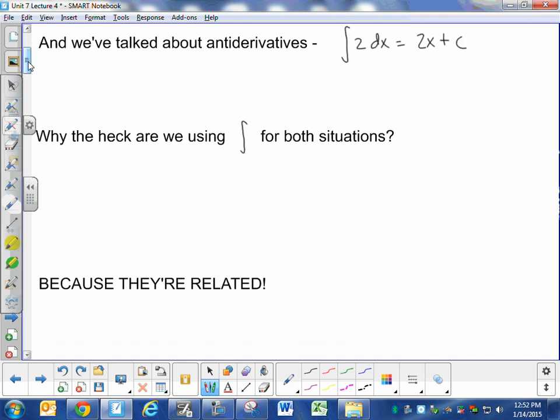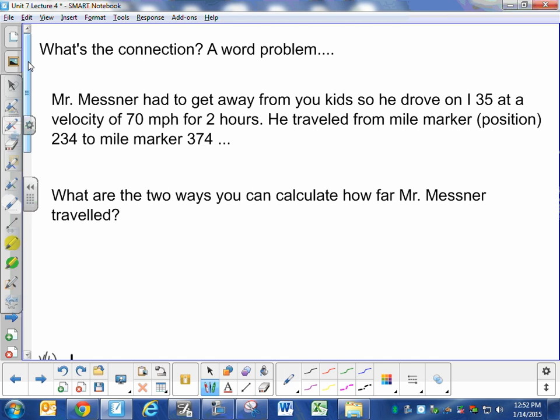Okay, they are related. Now, the connection between these two will reveal itself after you figure out this word problem. Okay, here we go. Write down the two ways, using the information that I provided, that you can use to calculate how far I've traveled.